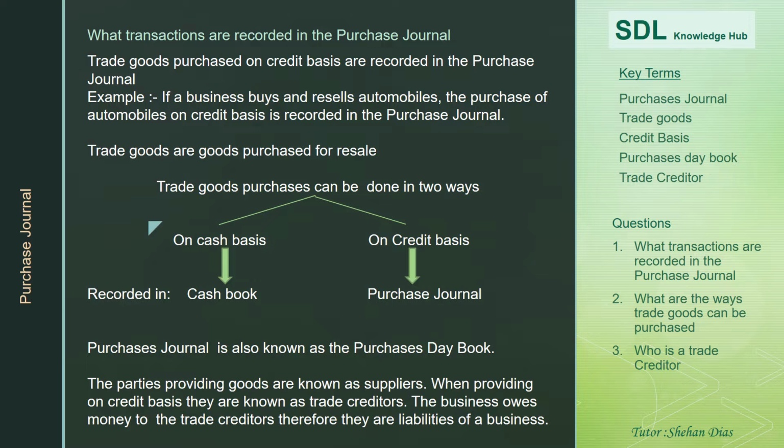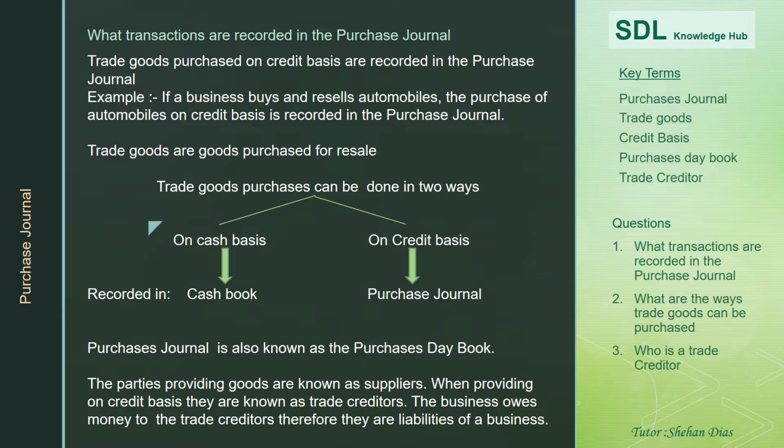Now the purchase journal is also known as the purchaser's daybook. These purchases are provided by suppliers. When these suppliers provide goods on credit, they are known as creditors or trade creditors. Simply we say creditors.